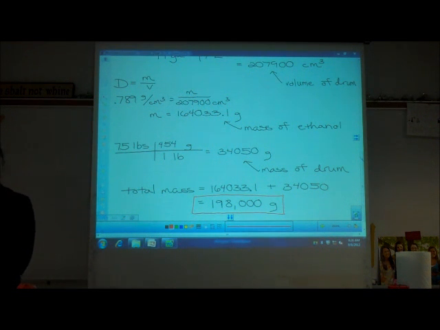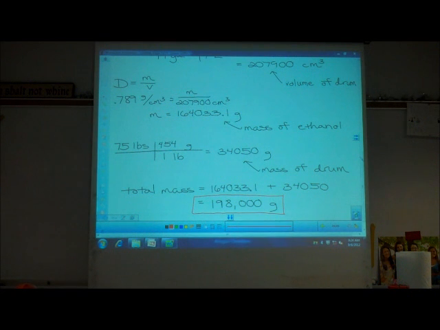So, the reason I did this problem, multiple reasons. One, it's a good multi-step problem. But also, I want you all to get used to using density in one of your earlier steps in a multi-step problem. Very, very common in AP Chem. You're trying to solve a problem and you need the mass of some material in order to finish the problem.